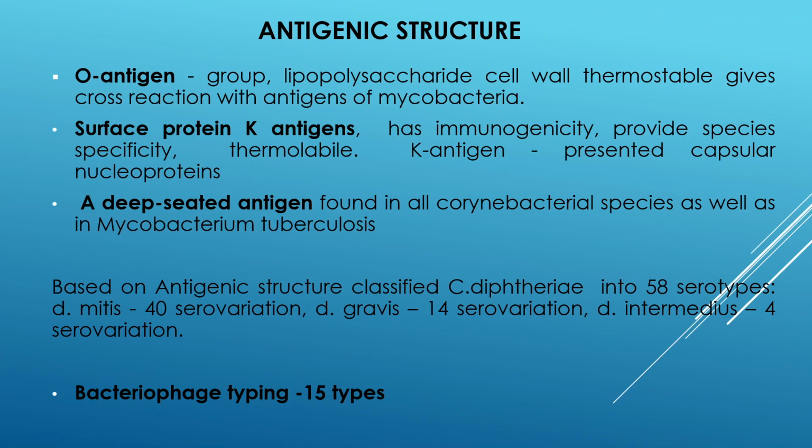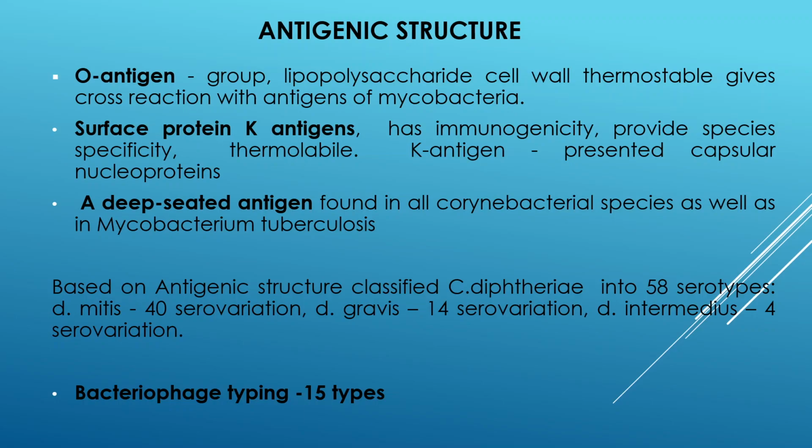Antigenic structure. The O antigen group is a lipopolysaccharide of the cell wall, a thermostable antigen that gives cross reaction with antigens of mycobacteria. The surface protein K antigens have immunogenicity, provide specificity, and are thermolabile. K antigen represents capsular nucleoproteins. A deep-seated antigen is found in all Corynebacterial species as well as in Mycobacterium tuberculosis.